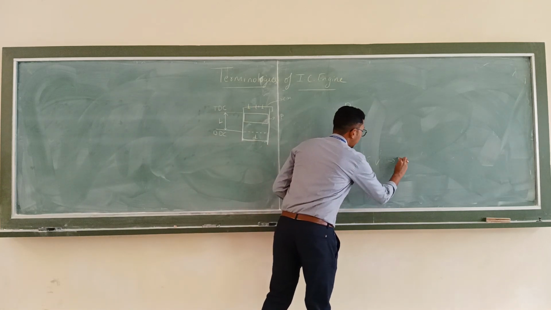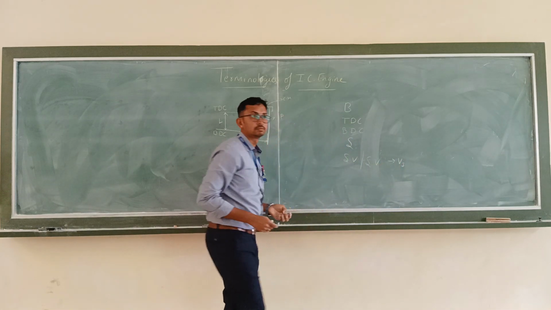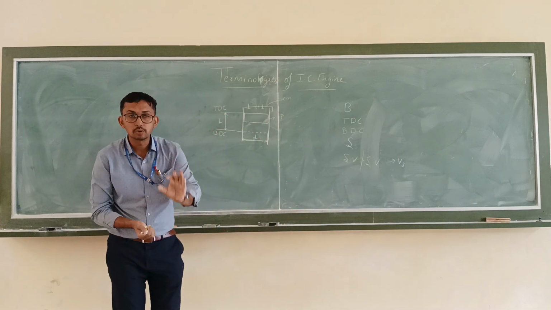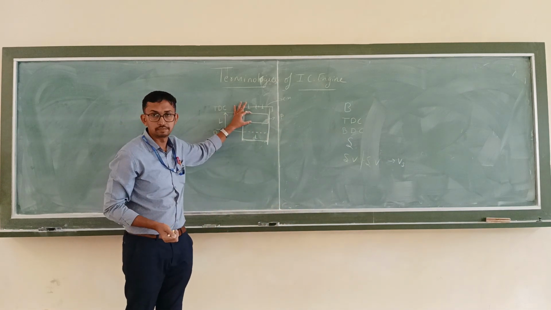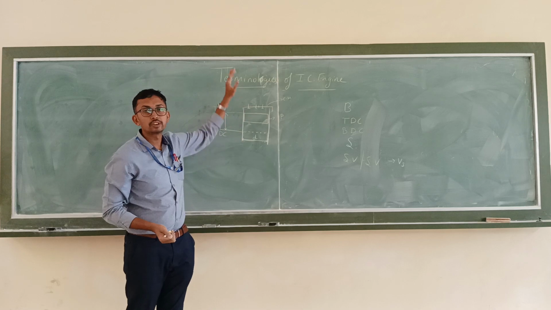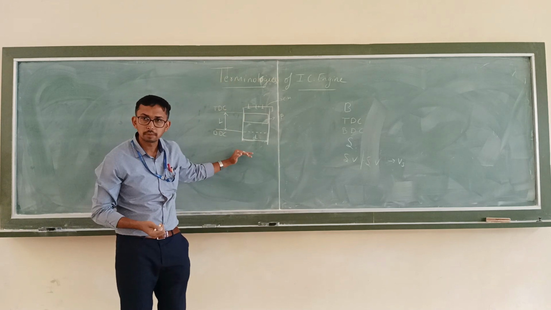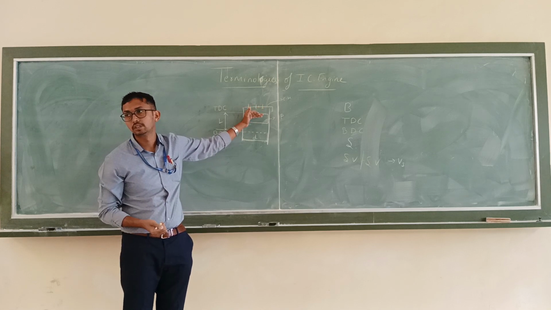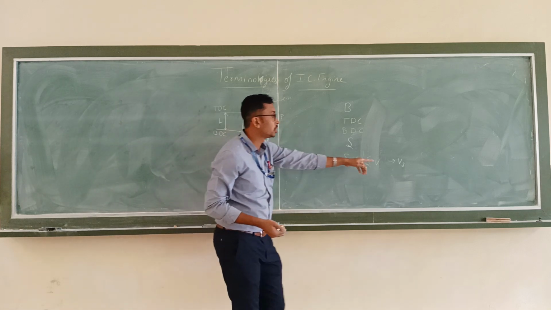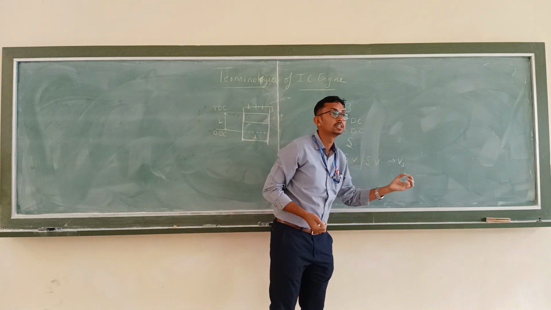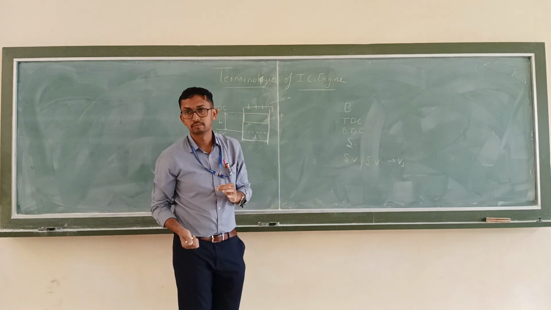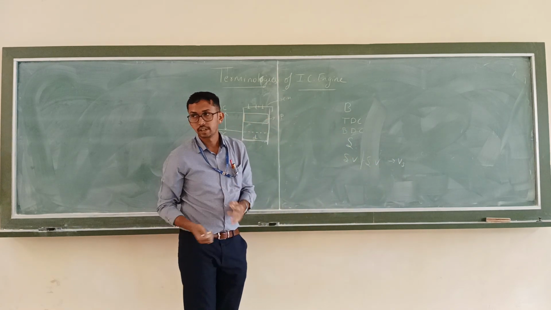It is represented as Vs. Is it clear? The volume swept by the piston moving from top dead center to bottom dead center, or bottom dead center to top dead center, that volume you are going to call Vs. That is swept volume. Is it clear?